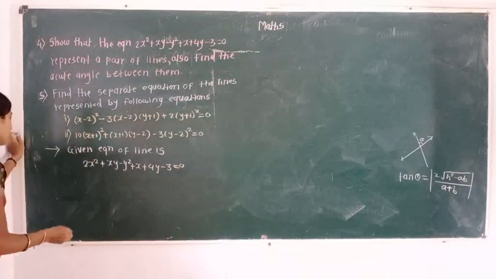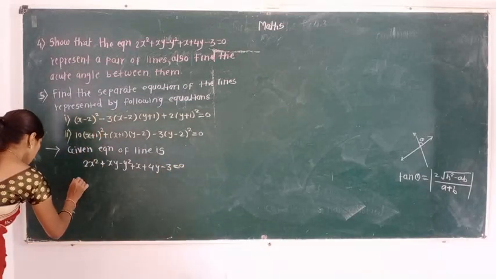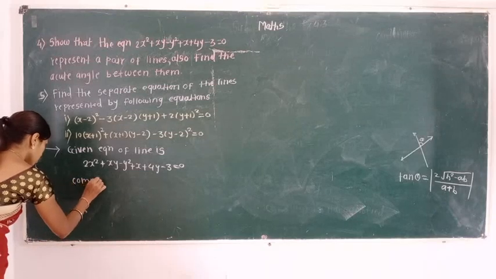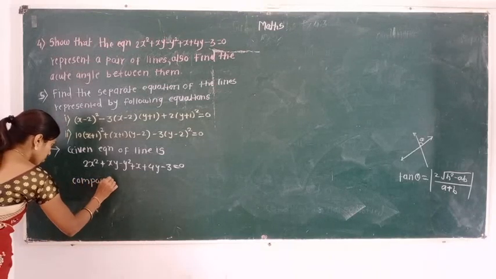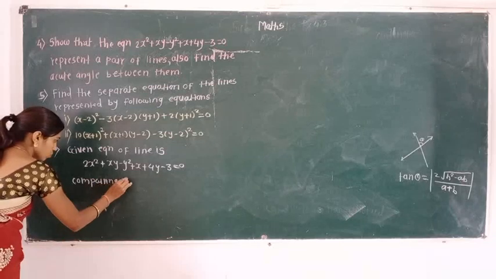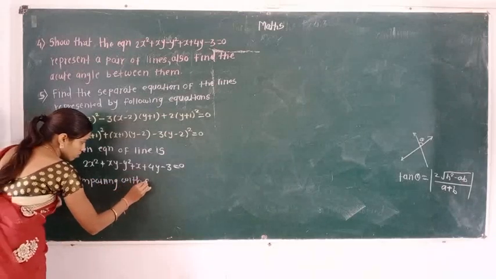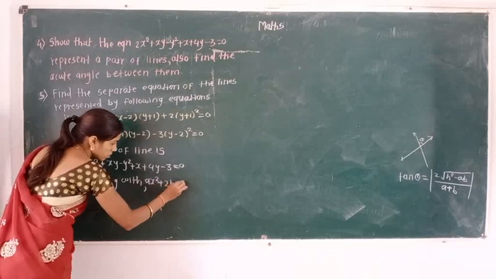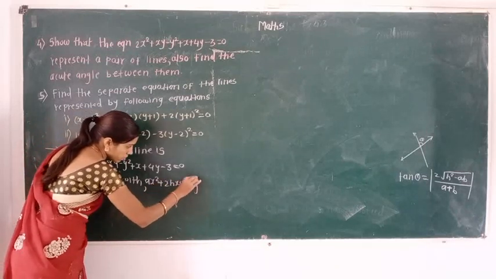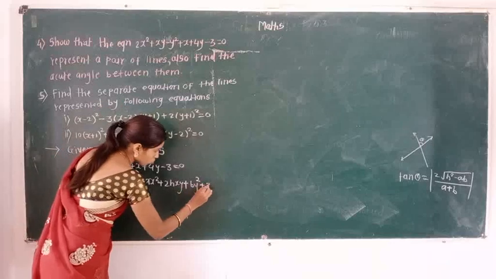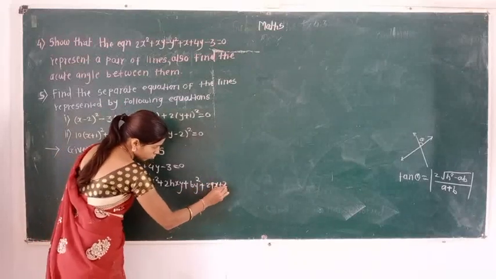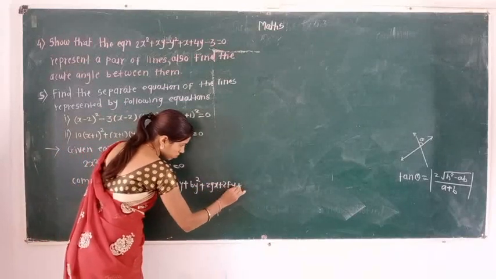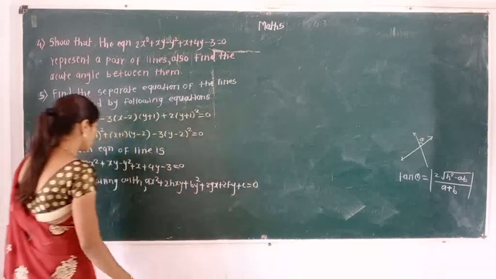Compare this equation with the general equation ax square plus 2hxy plus by square plus 2gx plus 2fy plus c is equal to 0.